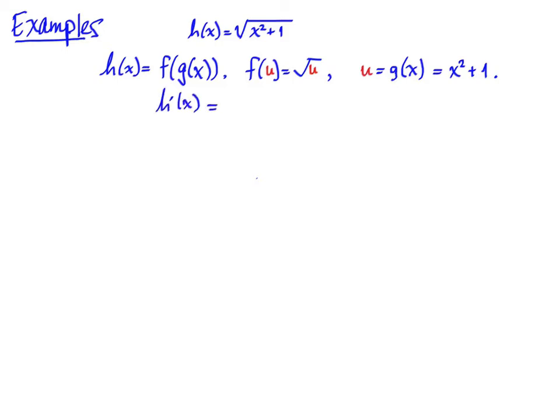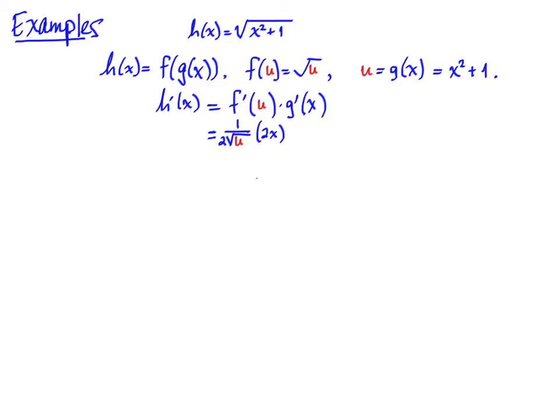So then h prime of x, using the chain rule, is going to be the derivative of the outside times the derivative of the inside. And notice the derivative of the outside is with respect to u, but we're going to go back to x's at the end. So the derivative of the square root function is 1 over 2 times the square root. The derivative of x squared plus 1 is just 2x.